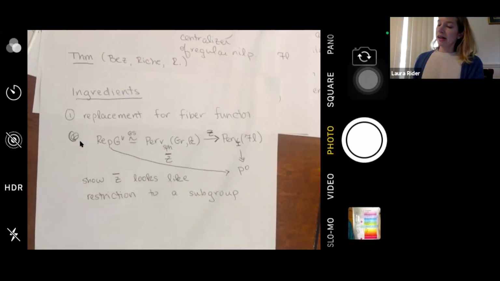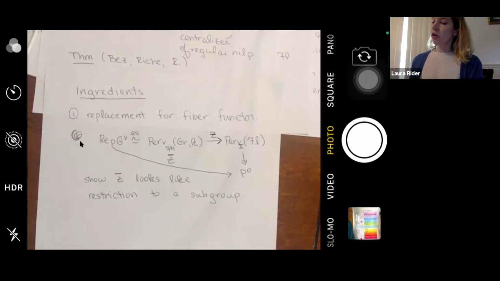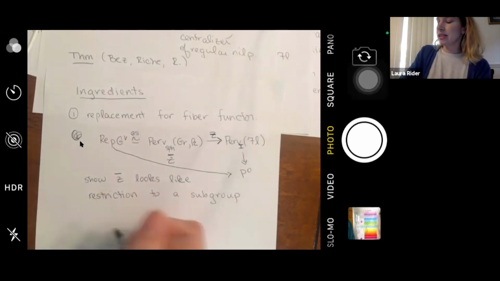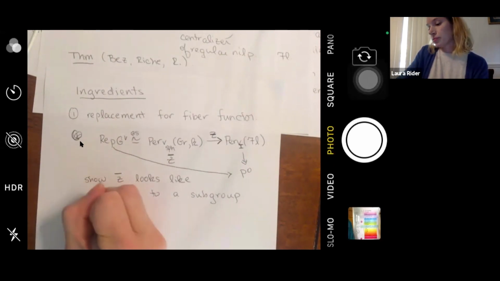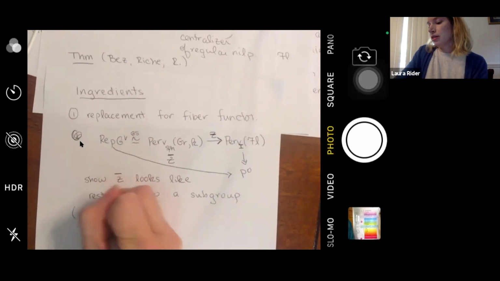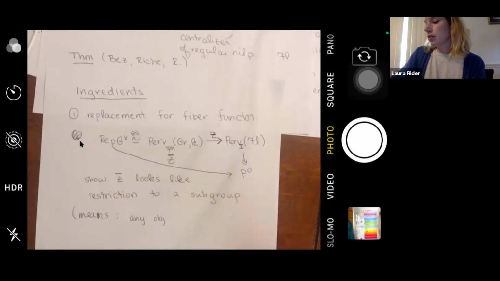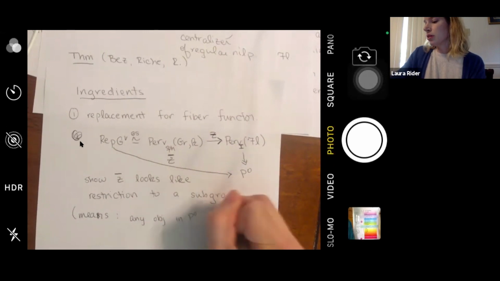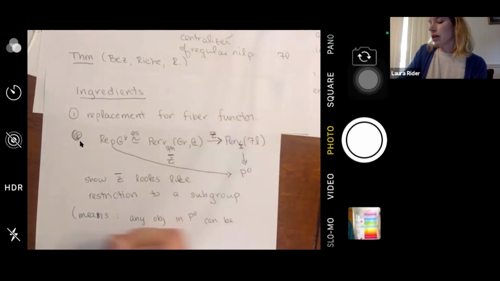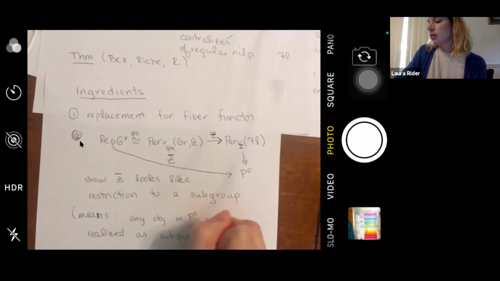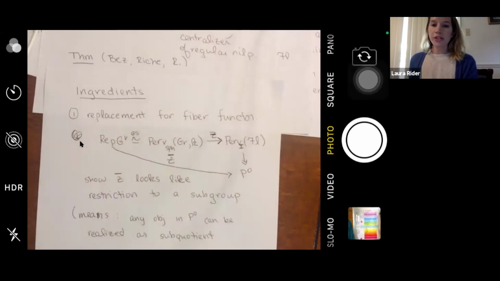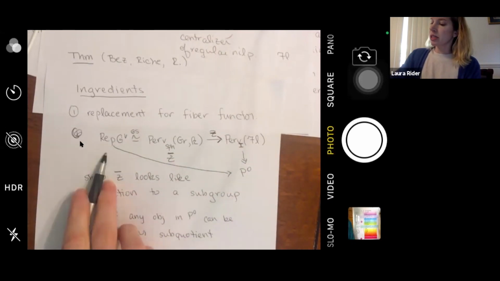Okay. So essentially what this means is any object in P0 can be realized as a subquotient of something from this category of representations.